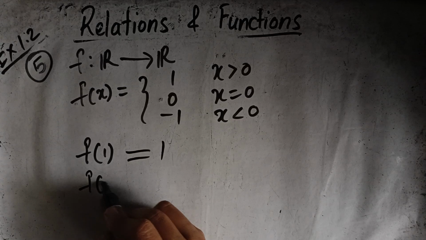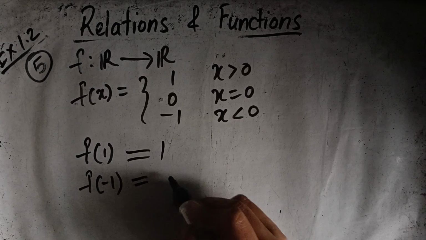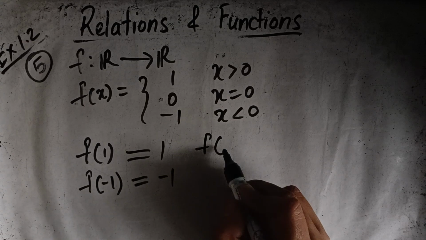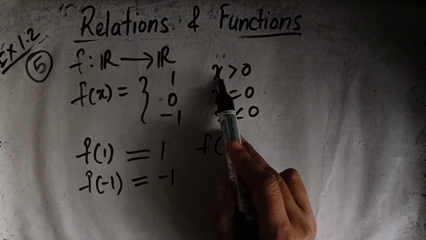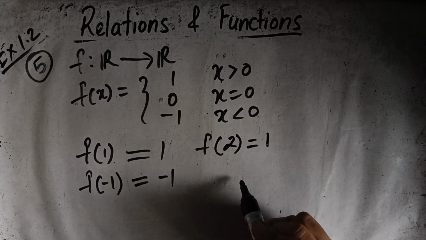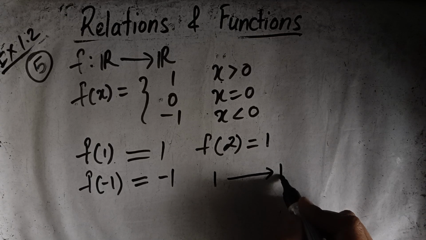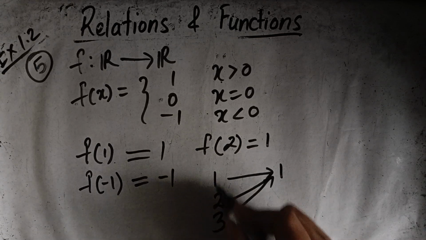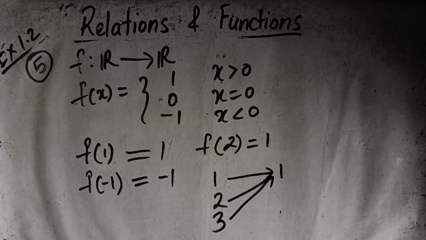If you take minus 1, you will get minus 1. But if you take any number greater than 0, like 2, it will go to again 1. So 1 is going to 1, 2 is also going to 1, 3 is also going to 1. That is, all positive numbers are going to 1. Okay, so this becomes many-1, not 1-1.